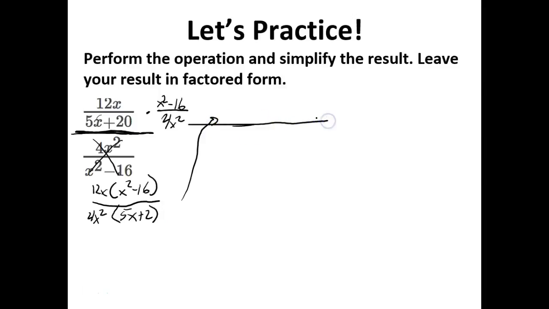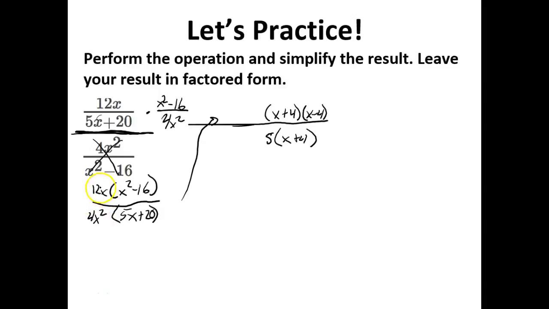On the top, the x squared minus 16 is x plus 4 times x minus 4. In the bottom, that 5x plus 20 is going to factor into 5 times x plus 4.